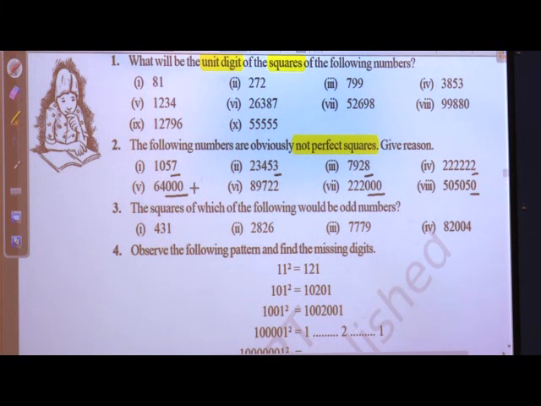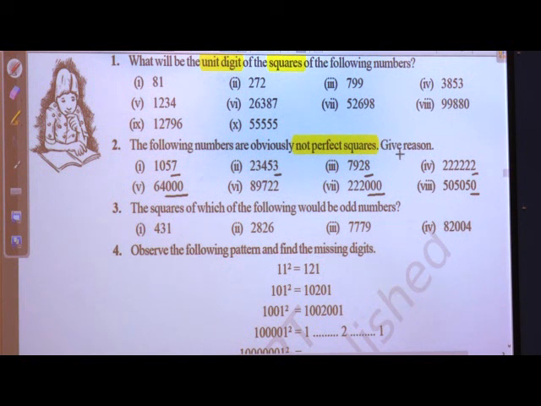I hope that, having gone through what was explained once again, we have understood why these are not perfect squares. Because these numbers end with 2, 3, 7, 8 and by an odd number of zeros, hence these are not perfect squares. This is the reason.